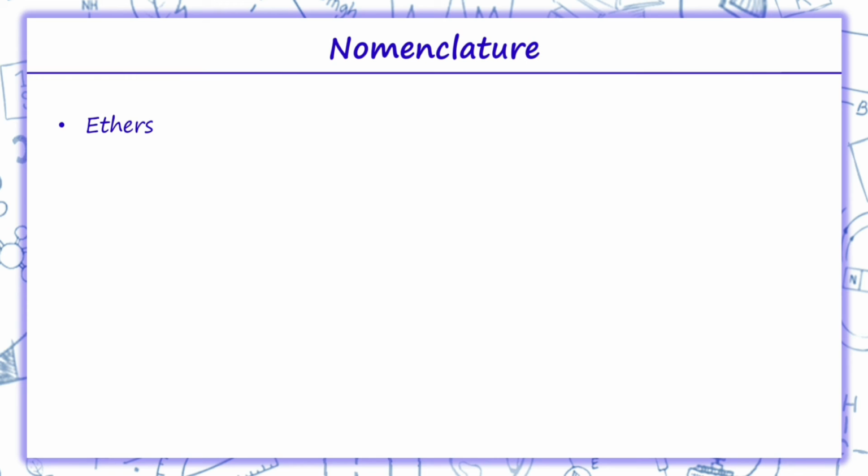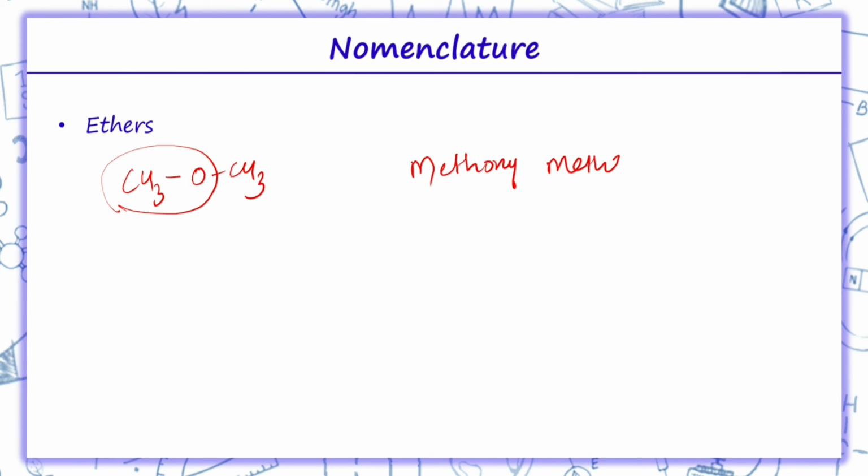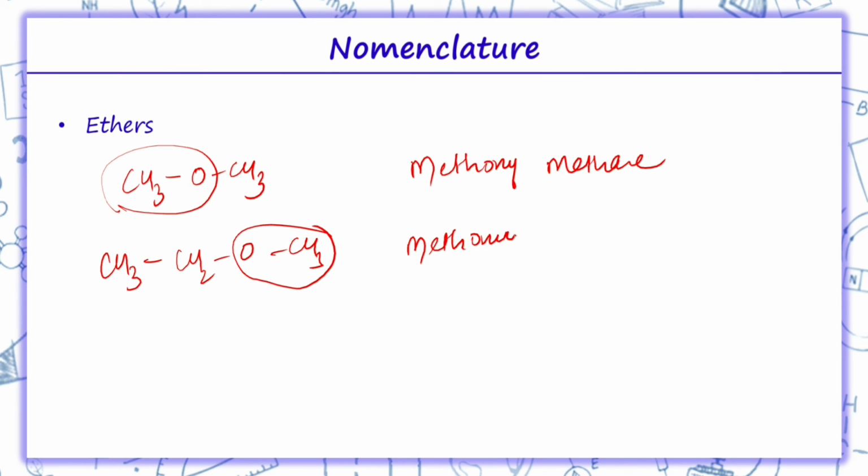Next is nomenclature of ethers. So this is CH3OCH3. The smallest carbon chain will go with the oxygen. So this is methoxy. Then one carbon chain, so methoxymethane. But if it is written like this, CH3CH2OCH3, then this smallest will go, so it will become methoxyethane.